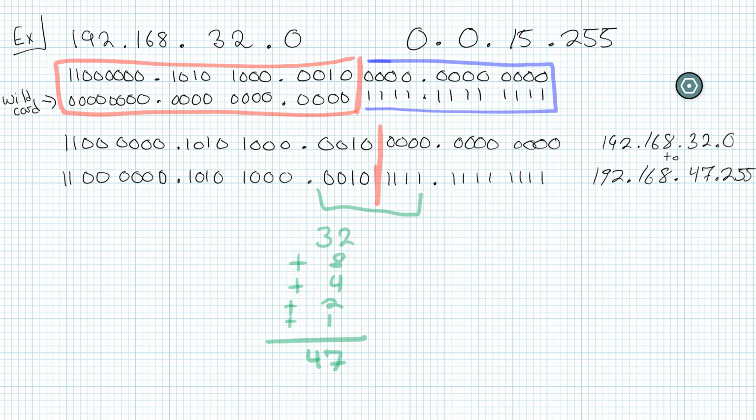So the range from 192.168.32.0 to 192.168.47.255 is what this wildcard mask will cover. So it's not the whole network, it's just a section of the network, which can be quite useful. I'm just going to erase my calculations here. That's how we can use wildcard masks to calculate ranges. It allows us to split up ranges into different things.